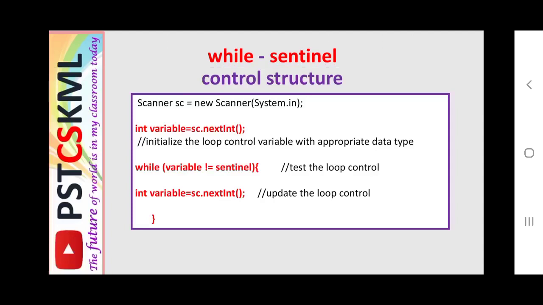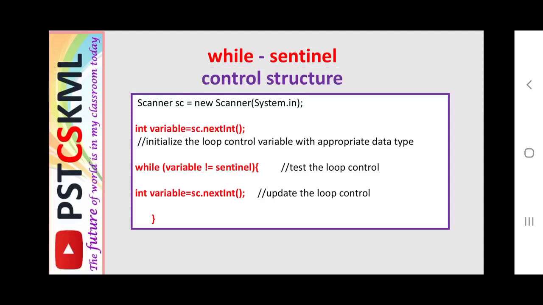Before you leave the loop, you have to do one more input from the user. The int variable equals sc.nextInt(). This means that the initialization will be replaced with the input value, and the updating also will be replaced with the input value from the user.